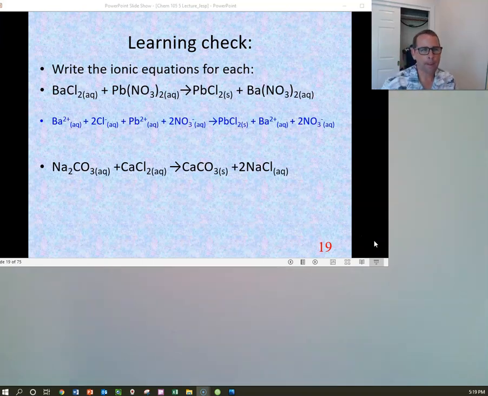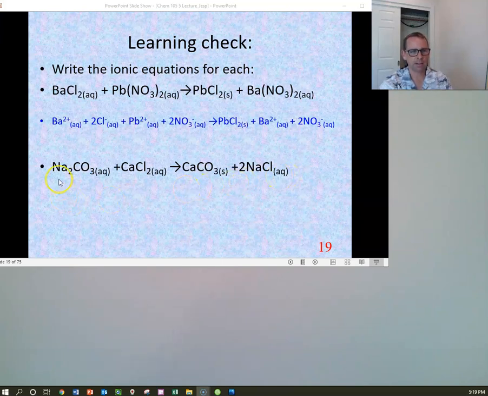Okay, so last time we met, we were working on these ionic equations. And it's important to recognize that when we see something written like this, sodium carbonate aqueous reacting with calcium chloride aqueous, forming calcium carbonate solid and two sodium chloride aqueous, it's important that we recognize what's really occurring.